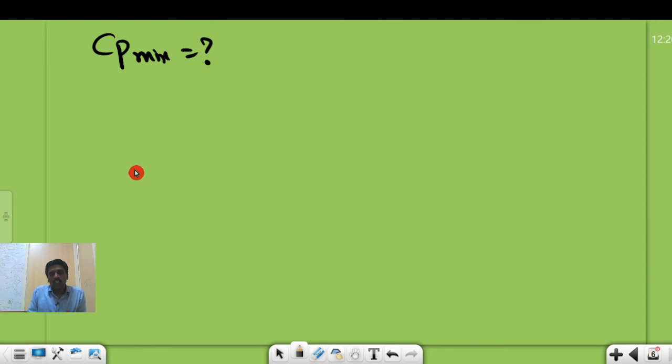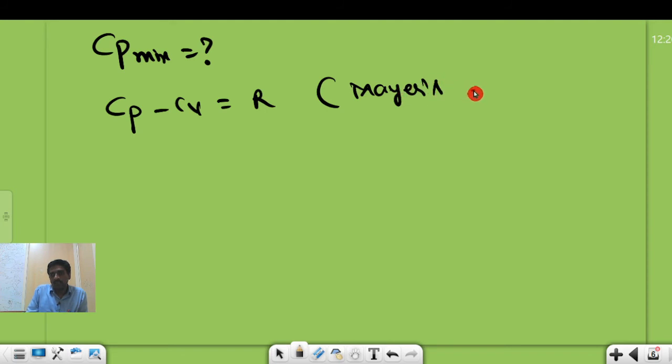We already know the relation between CP and CV with the help of Mayer's relation. So CP minus CV is equal to capital R. Which relation? It is Mayer's relation. This relation is given by one of the scientists, whose name is Mayer.